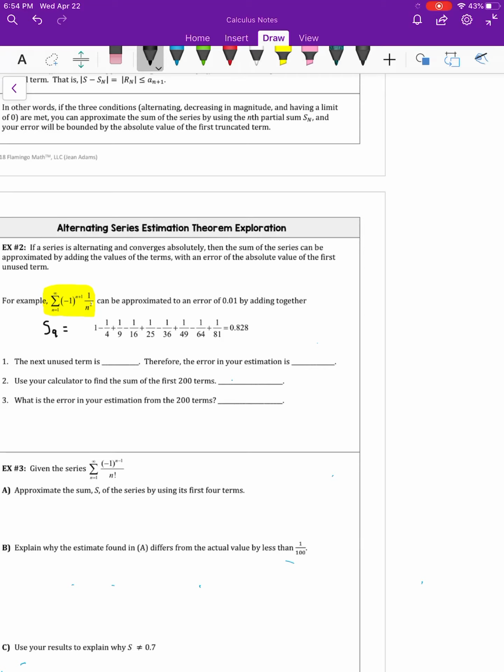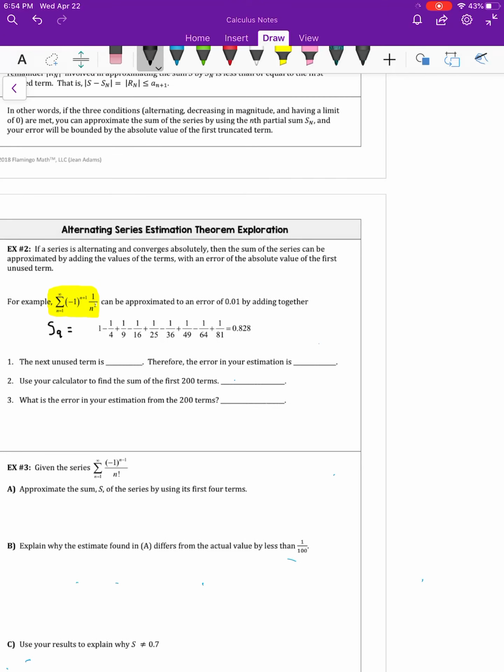So for this next one, this series, we are finding S sub 9 here.